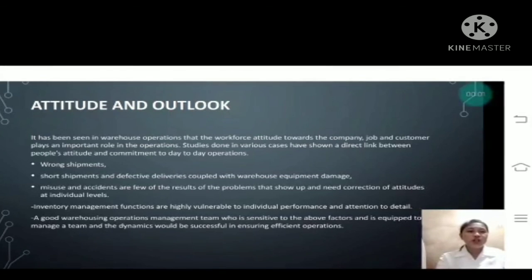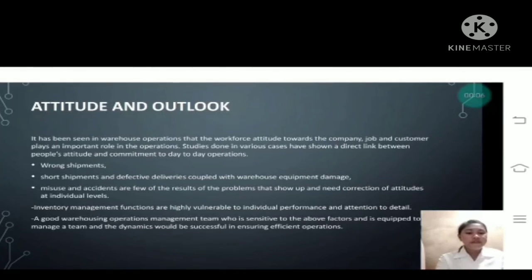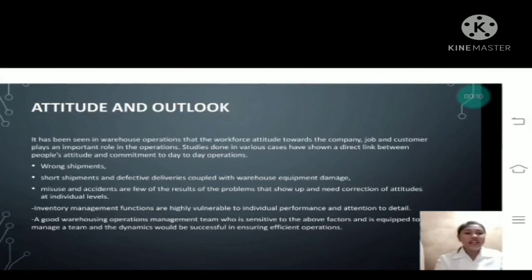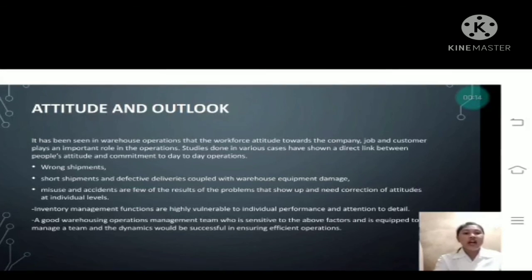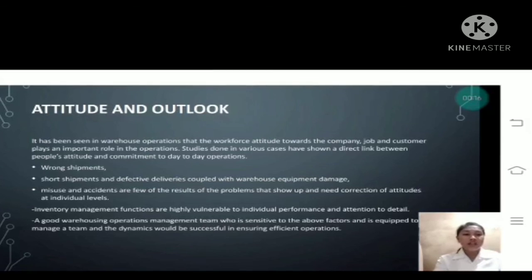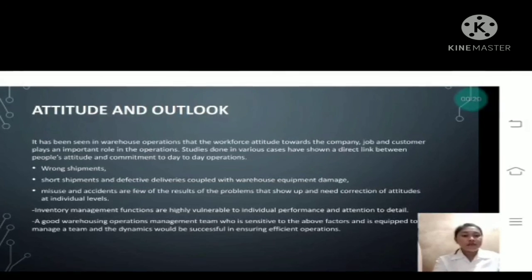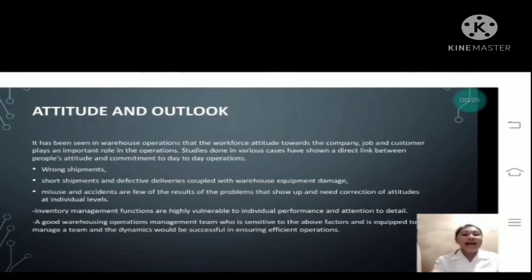If a person or the people in a warehouse do not have a good attitude and outlook, the performance can be affected and cause problems like wrong shipments, short shipments, and defective deliveries, coupled with warehouse equipment damage, misuse, and accidents. These are a few of the results of the problems that show up and need correction of attitudes at individual levels.